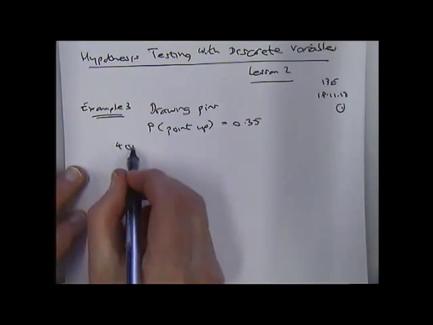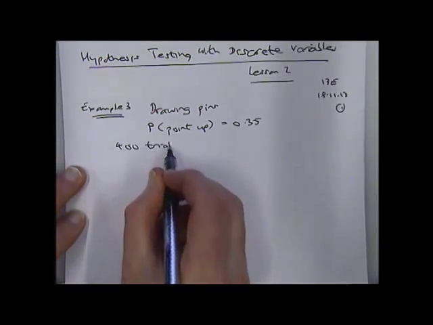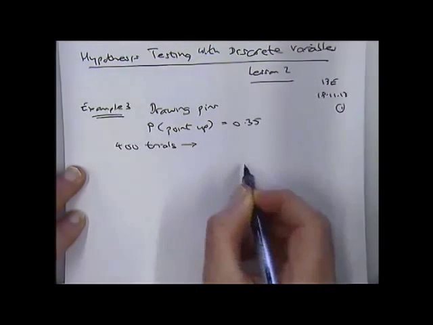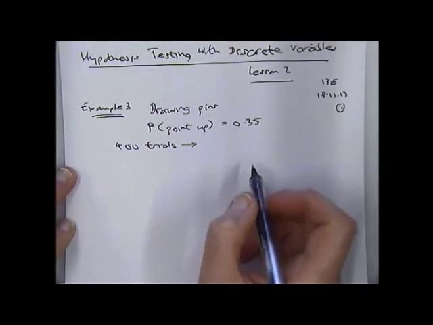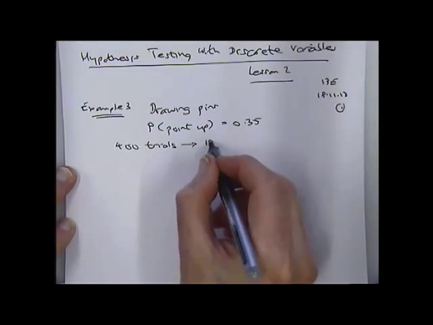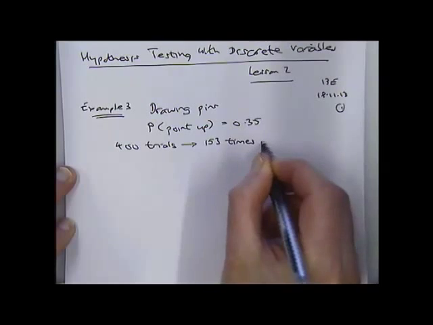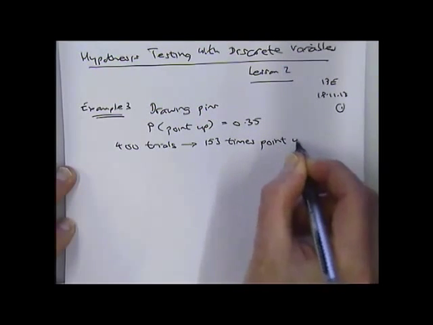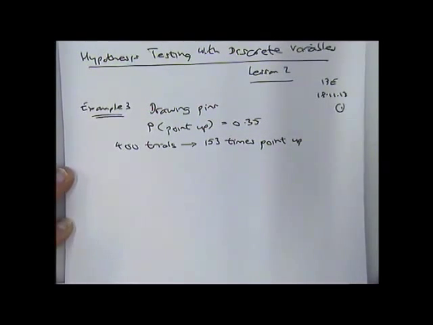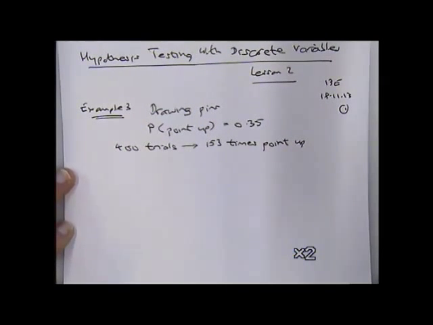Now 400 trials take place, and in those 400 trials 153 times it lands point up. Sorry, I said the wrong thing. 153 out of those 400 times it lands point up.